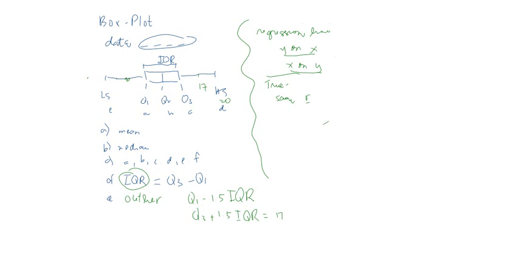Also, if this is line 1 and this is line 2, they will intersect at this point, which is the mean of your x and the mean of your y. So if you're asked to find the average, then you can just equate line 1 equals line 2.